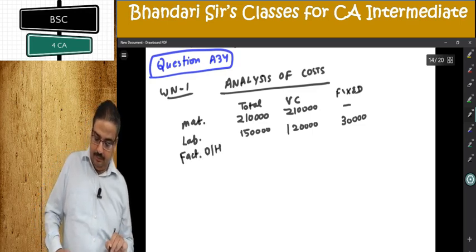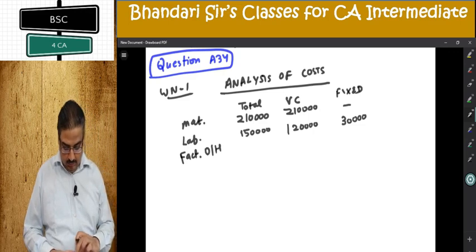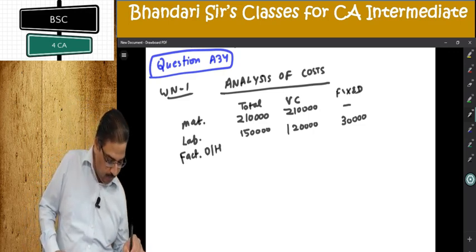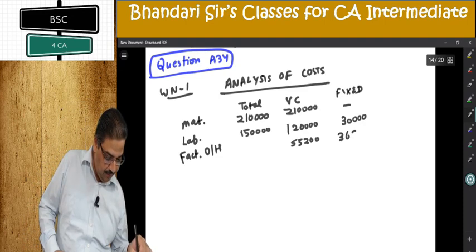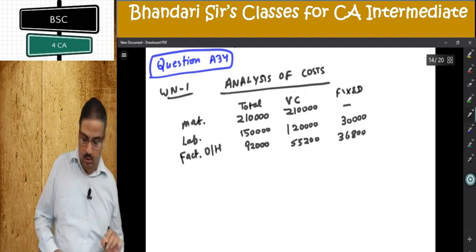Factory overhead 92,000, 60% variable, 55,200 variable, and balance 36,800 fixed out of 92,000 which was given.